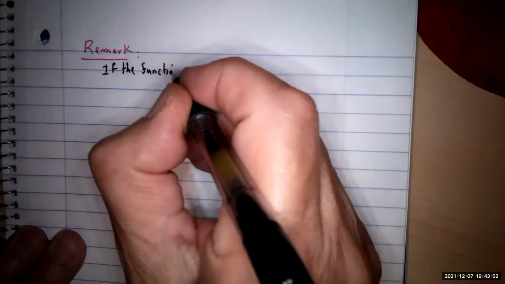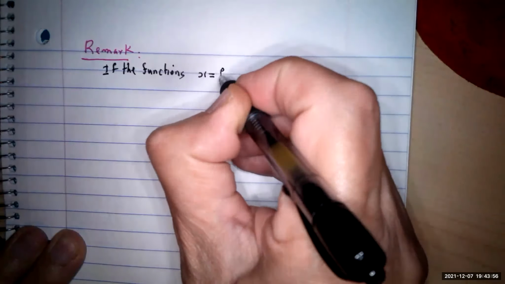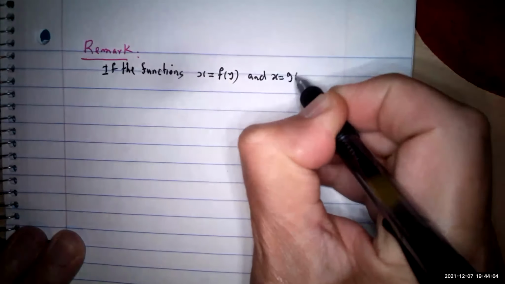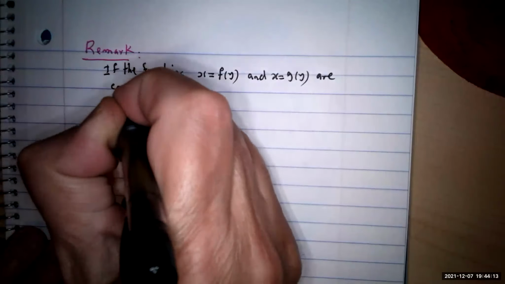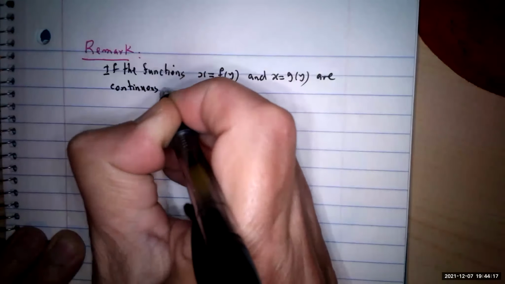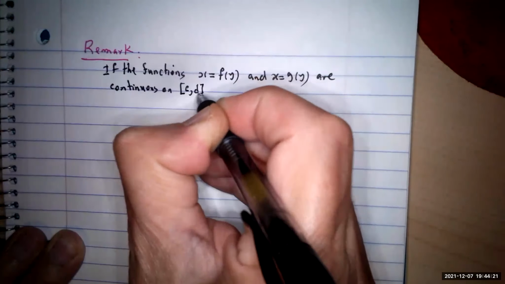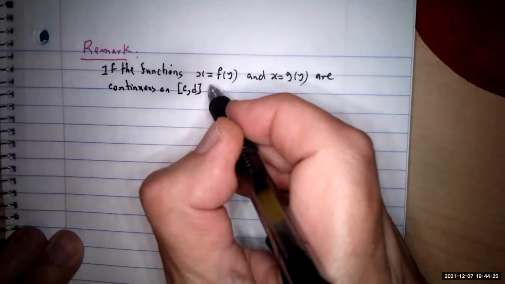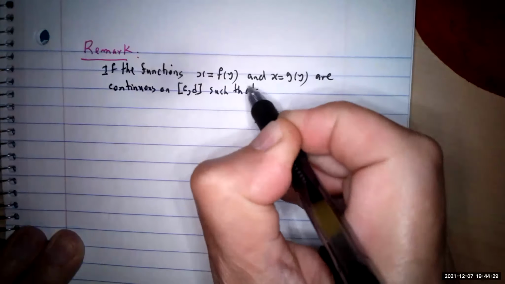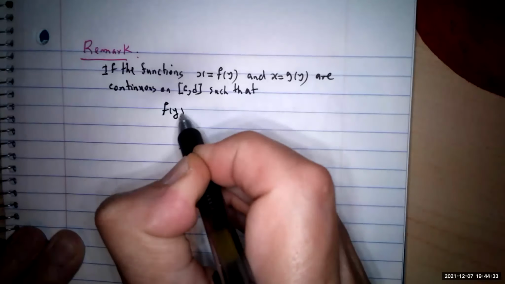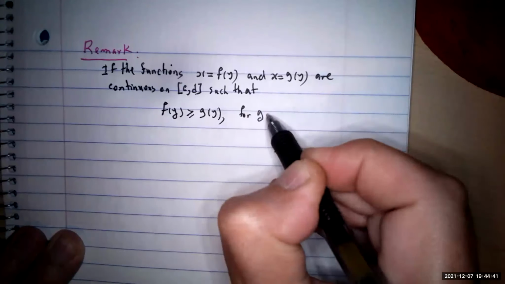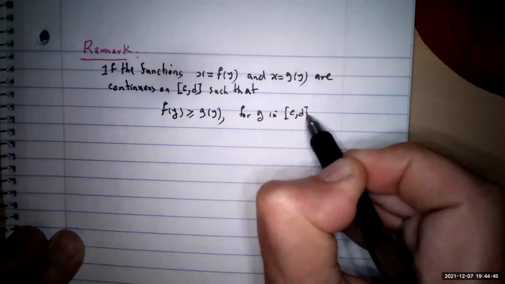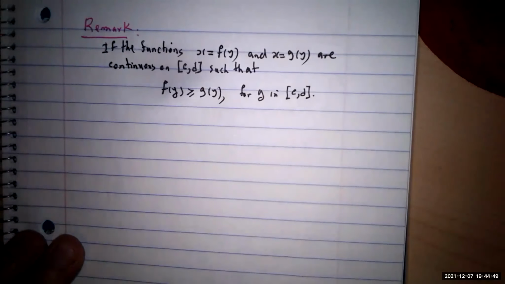So if the functions this time are x equal to, let's say, f of y, and x equal to g of y, the functions of y are going to be continuous on an interval, something like c and d, such that again one of them is greater than the other one: f of y is greater than or equal to g of y for y in this interval c and d. So what's going to be the shape of your region? Look at the region now.